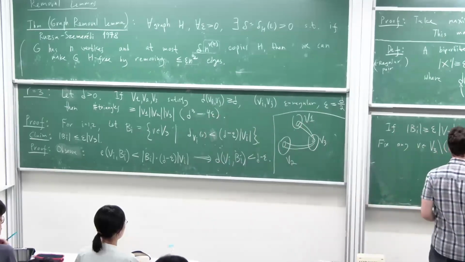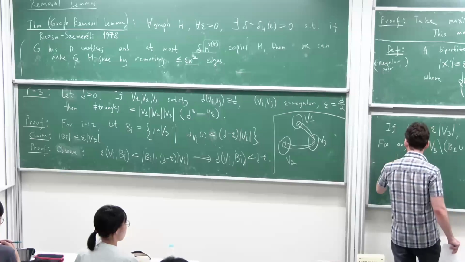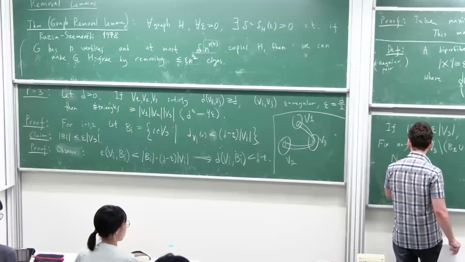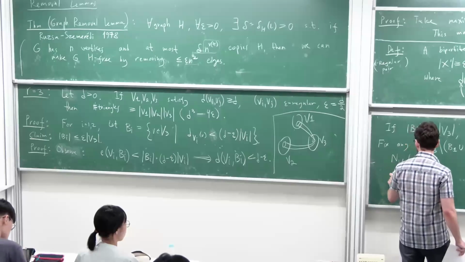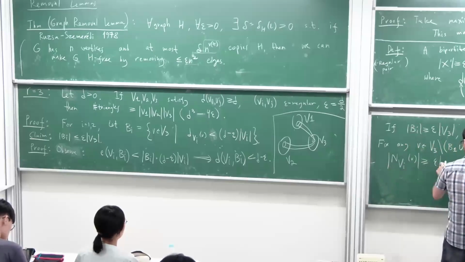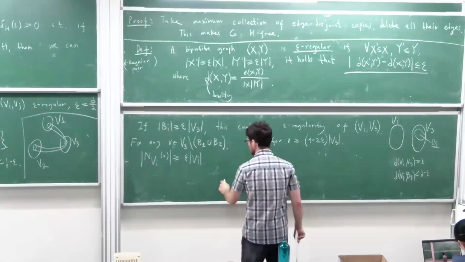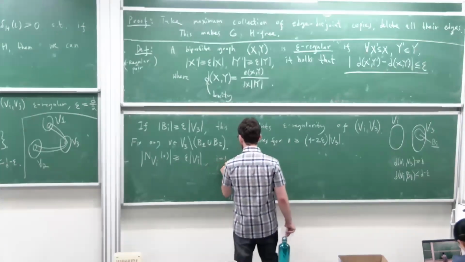So let me write it down. We have the neighborhood in V_i of v of size at least (d minus epsilon) times V_i, for i equals 1 and 2.